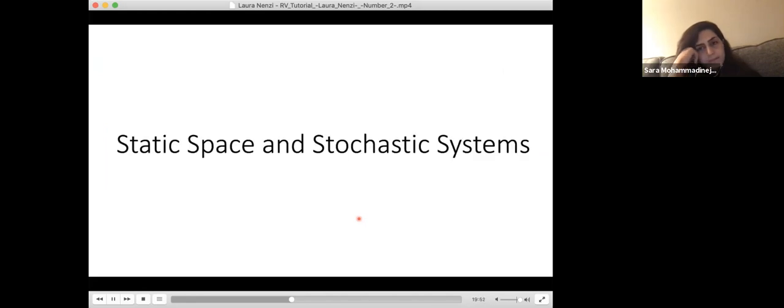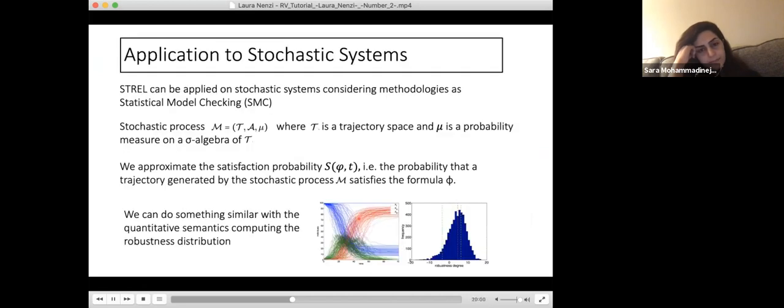As a second example, we consider a scenario with a static space and a stochastic system. STREL can be applied on stochastic systems considering methodologies such as statistical model checking.